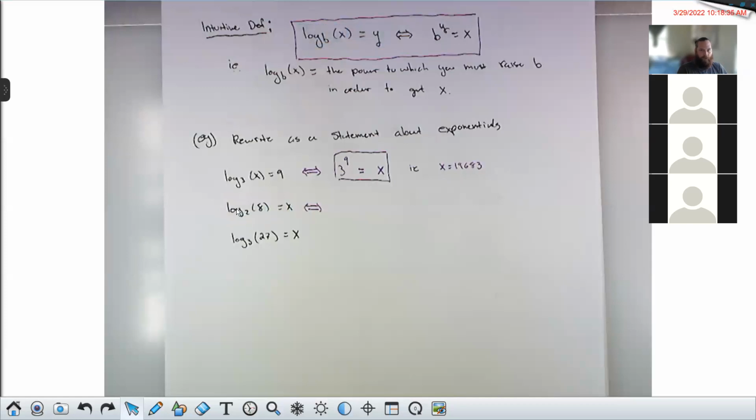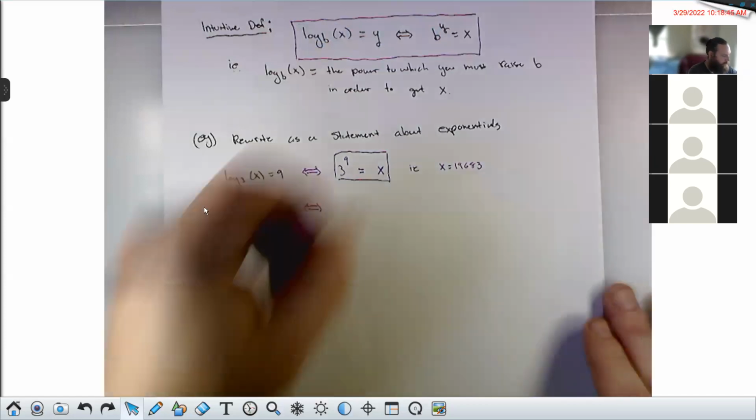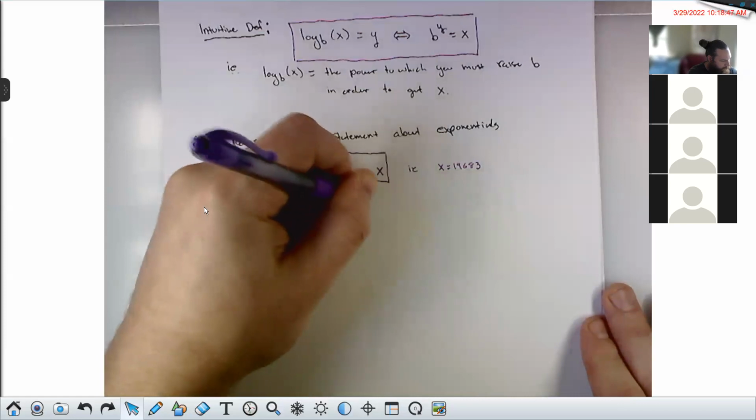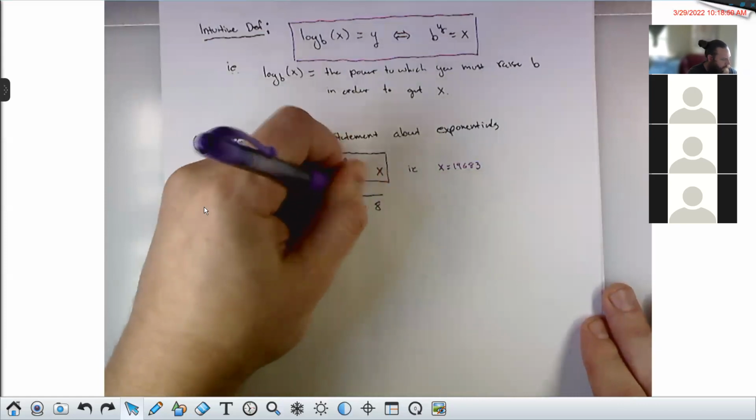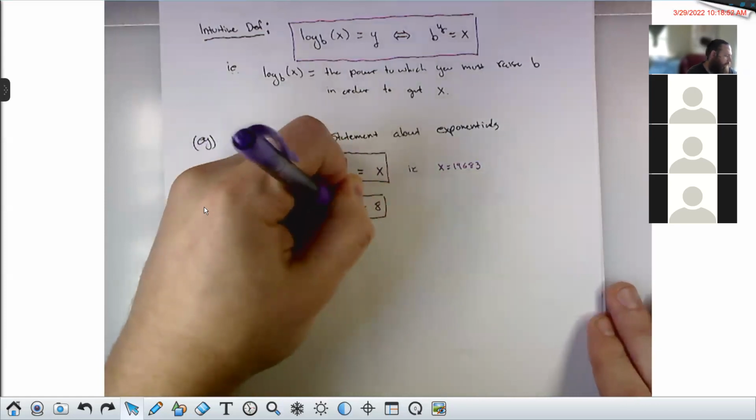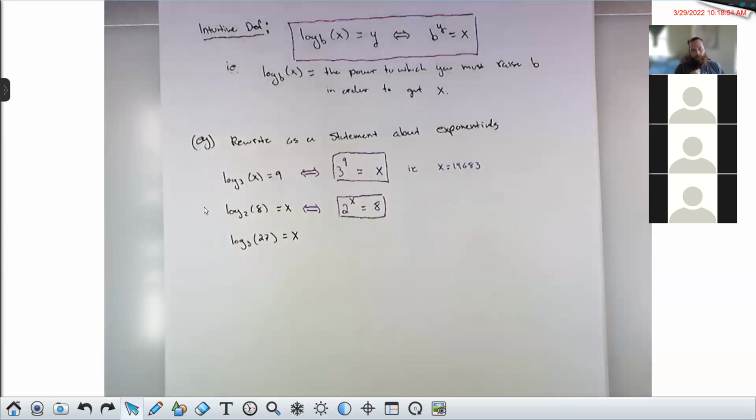This means that 2, the base, raised to the right-hand side, x, is equal to the inside, 8. This is the same as saying 2 to the x equals 8. And you see what the logarithm does is it allows you to go back and forth from statements like this to statements like this. This particular statement, by the way, is kind of easy to work with, right? 2 to what power is equal to 8?